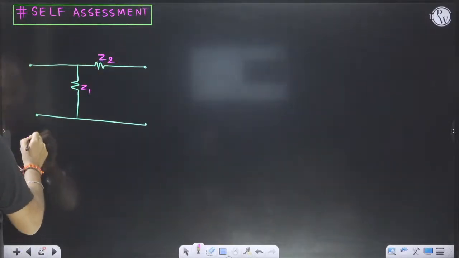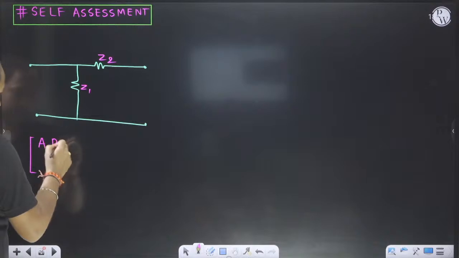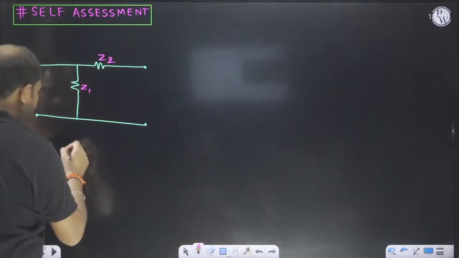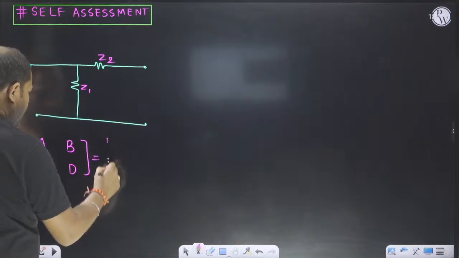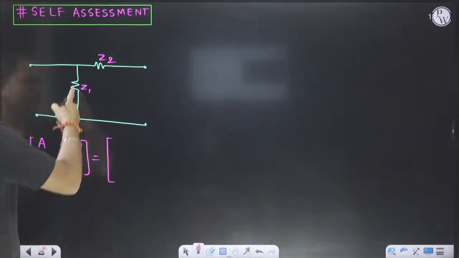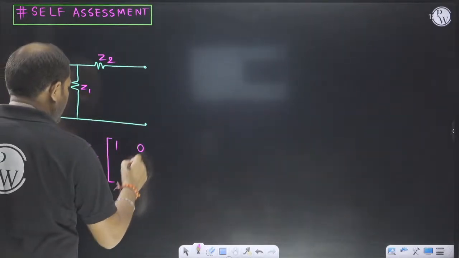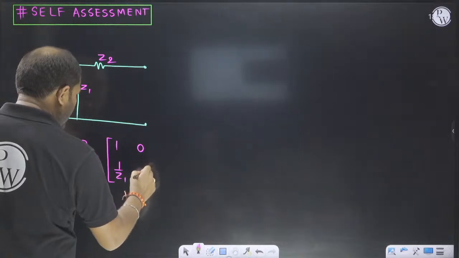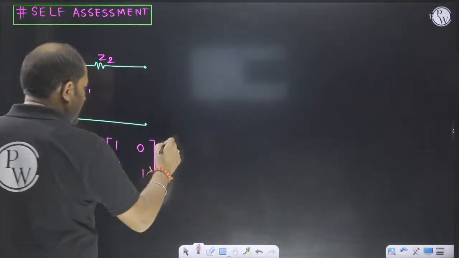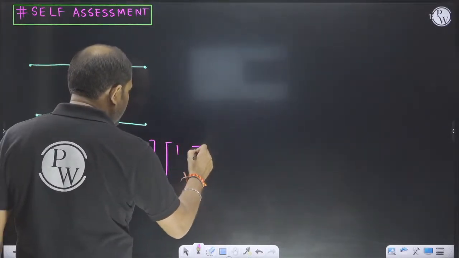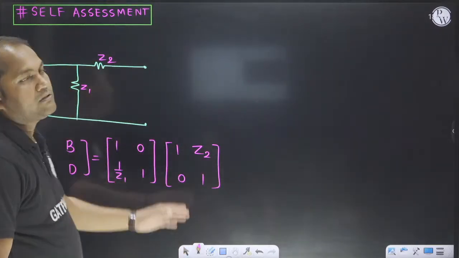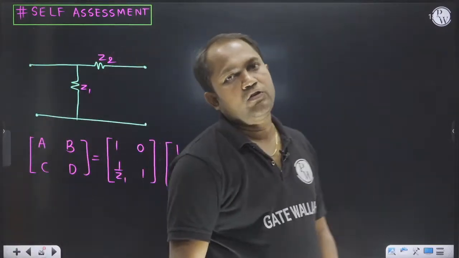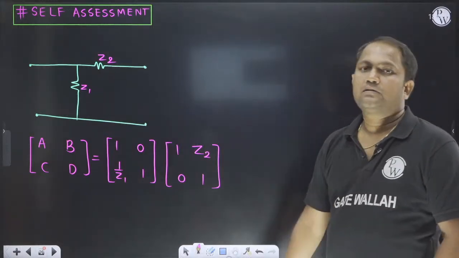Because they are cascaded, I can apply this. The ABCD network for Z1 is 1 0 1 by Z1 1, and the ABCD network for Z2 is 1 Z2 0 1. So you will find the ABCD matrix, then you will find the S matrix.